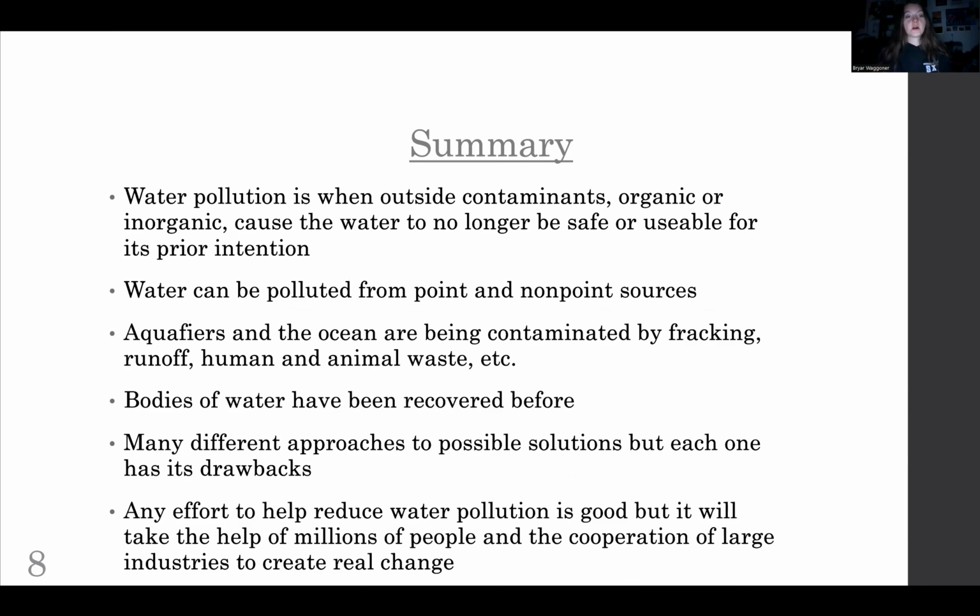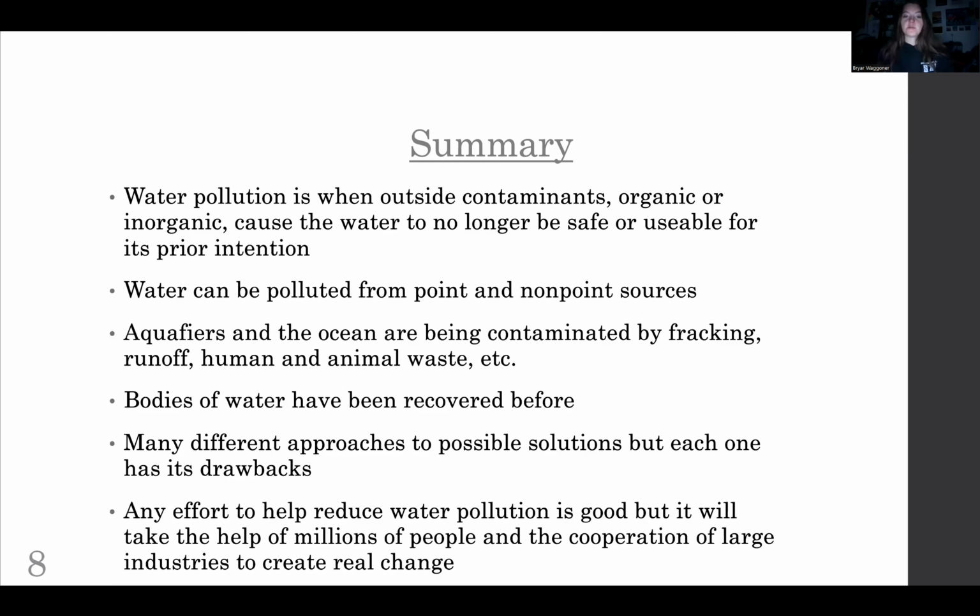The aquifers and the ocean are being contaminated by fracking and runoff and human and animal waste and a million other pollutants. But bodies of water have been recovered before, and they can be recovered or at least improved in the future as long as we actually put in a plan and stick to it.